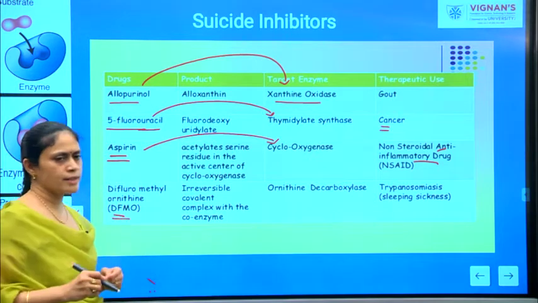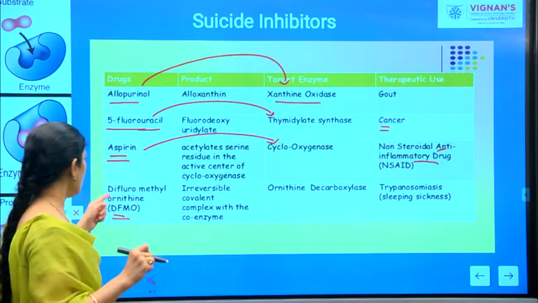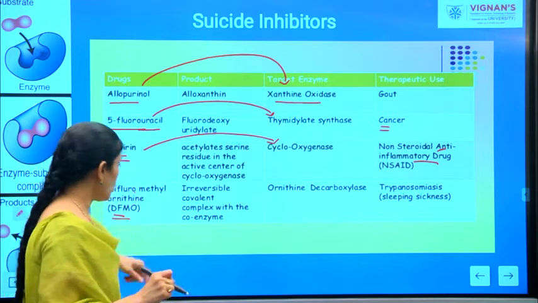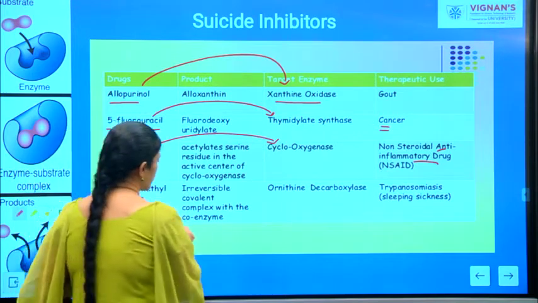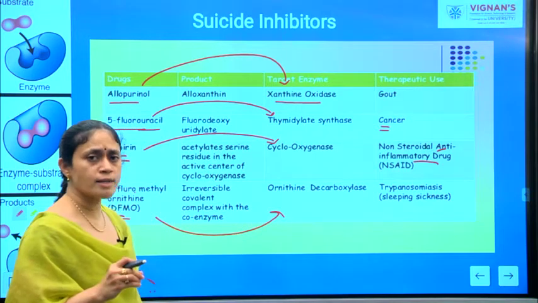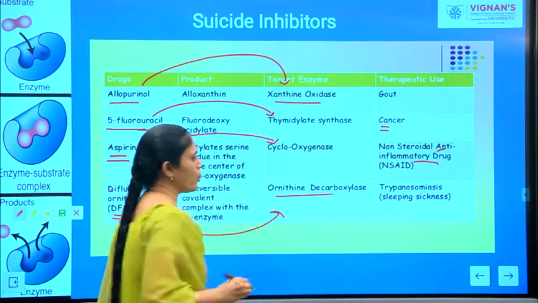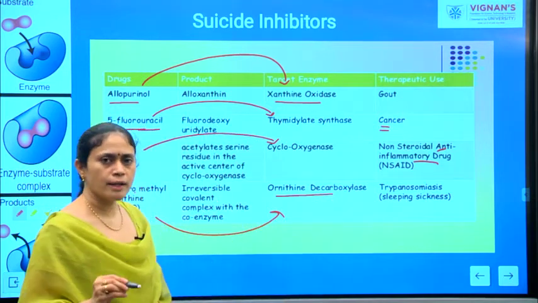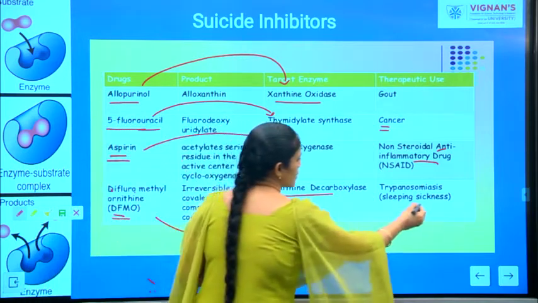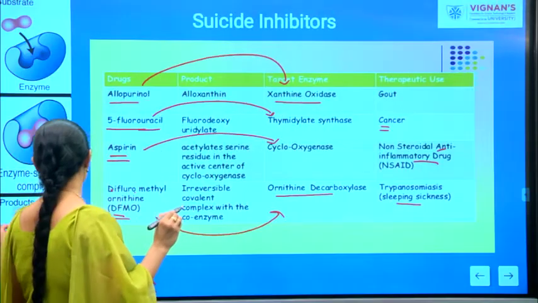Moreover, we can also consider DFMO. What is the full form of this DFMO? Difluoromethylornithine. So, this DFMO is inactivating the enzyme ornithine decarboxylase. It is showing the effect on the enzyme ornithine decarboxylase, because of which it is useful for treating sleeping sickness, which we call trypanosomiasis.